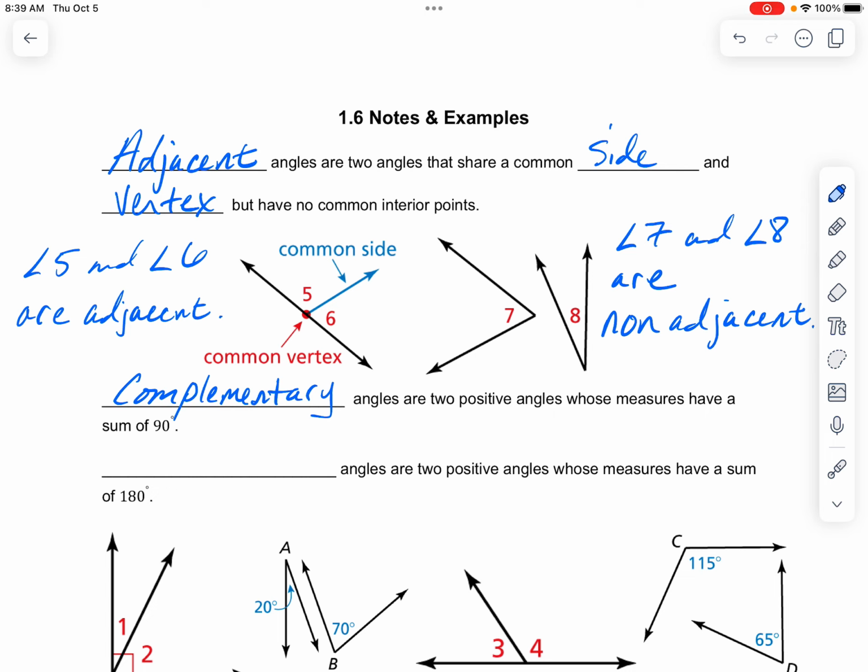So complement or complementary. Similarly, supplementary angles add up to 180 degrees. Supplementary angles are two positive angles whose measures have a sum of 180 degrees. We saw a lot of this in our last section. Angles that add up to make a straight line are supplementary.